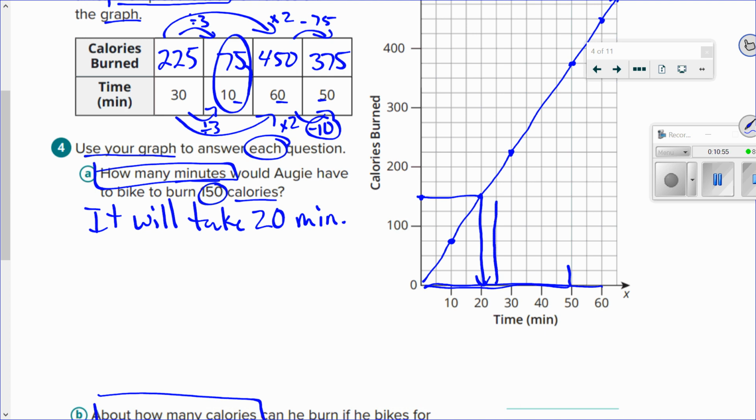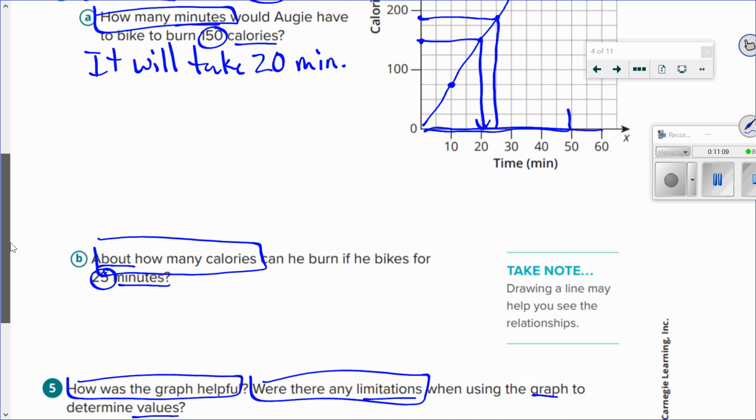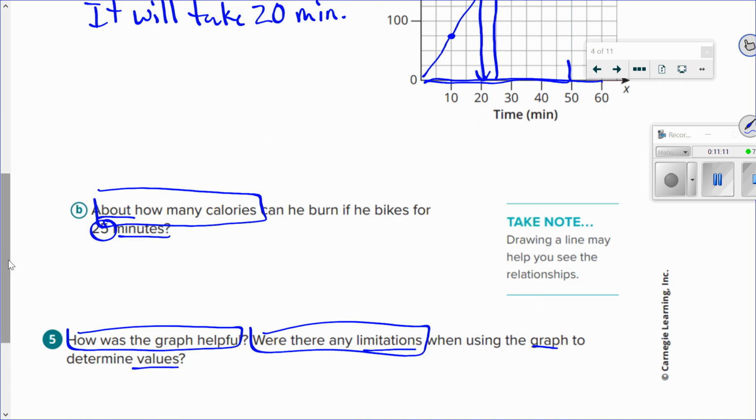I come up, and I see that it intersects somewhere in the halfway point between 175 and 200, meaning that's going to be somewhere around 180, and it's just above that. So I'd probably say about 182 minutes. Or calories, sorry. Wrong description. Does everybody understand where we got that number from?